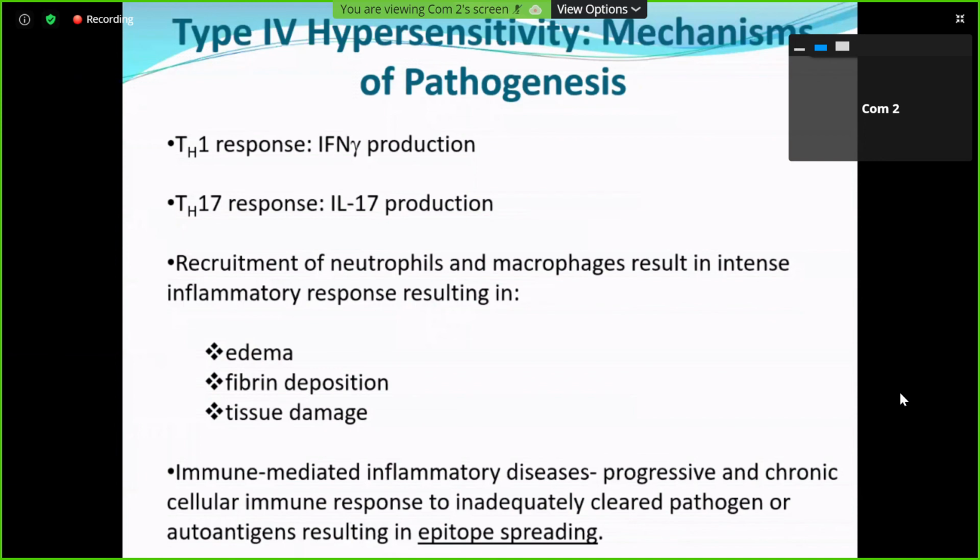So basically, you get an increase in cellular damage.